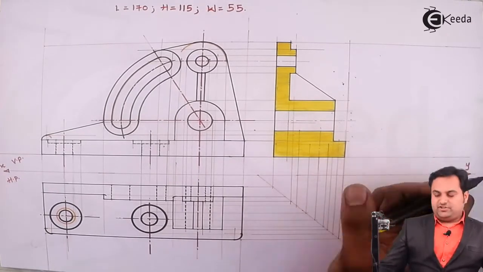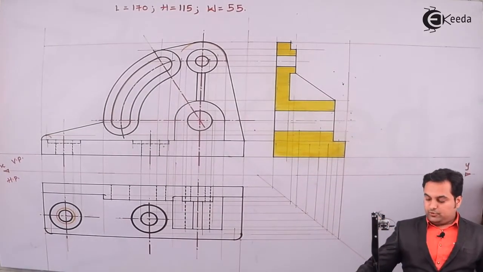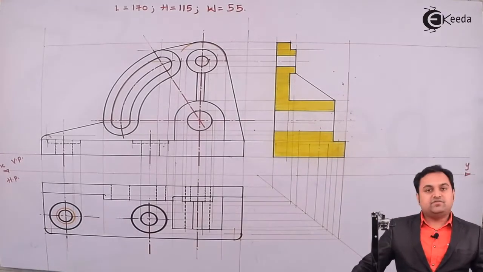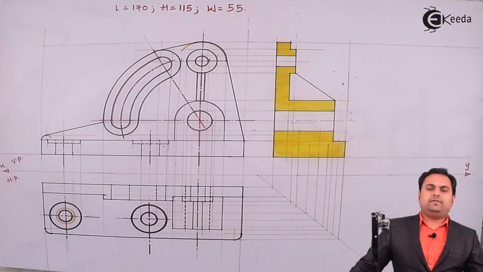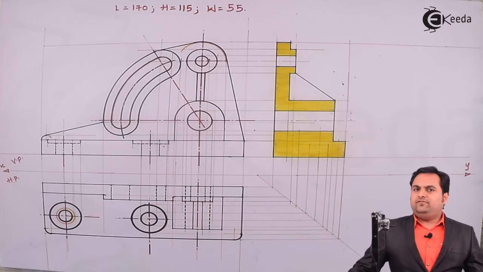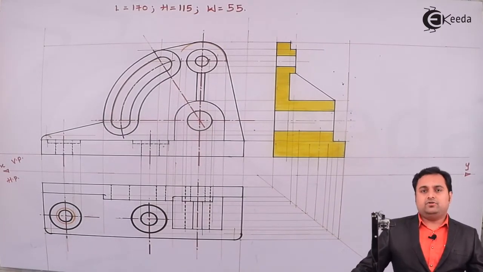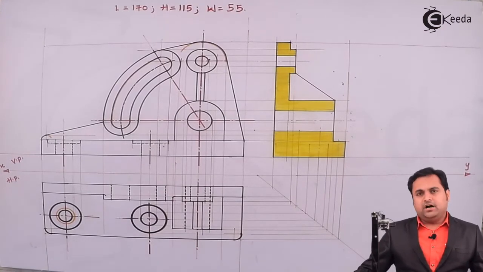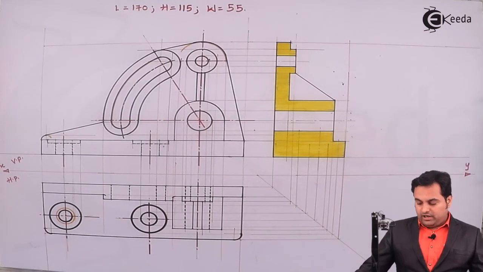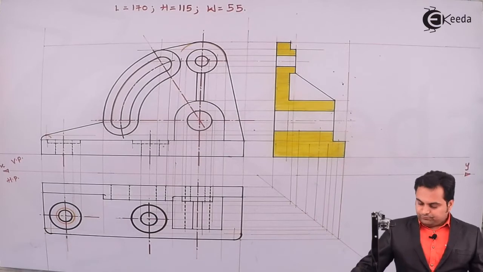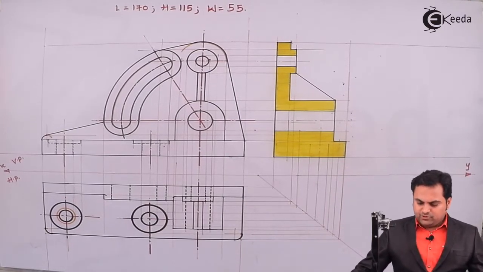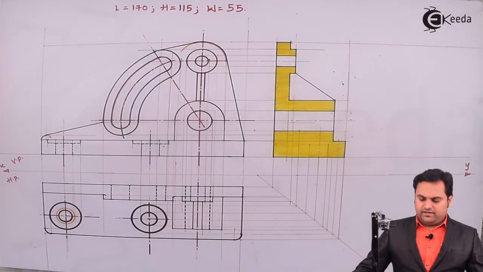So there should be sectioning inside this portion which I have shaded, and those section lines should be inclined at 45 degree, and at the same time those section lines should be medium dark, that is, compared to the outline they should be lighter. So here I'm using black for the dark line.